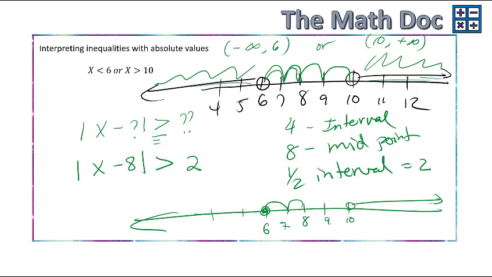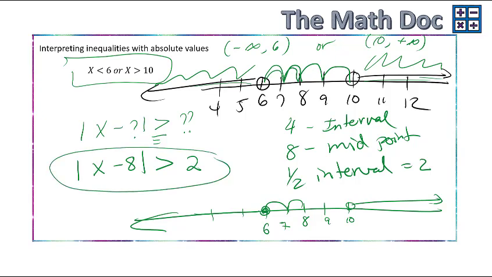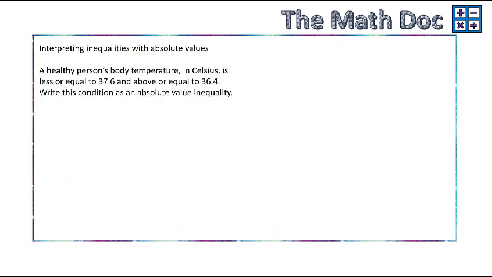So again, we took this compound inequality, we turned it into an absolute value inequality, and both satisfy the same conditions. The solutions for both are the same x's. Now we're going to move on to a couple of word problems that will help us understand this even better. So let's get started on the first word problem.